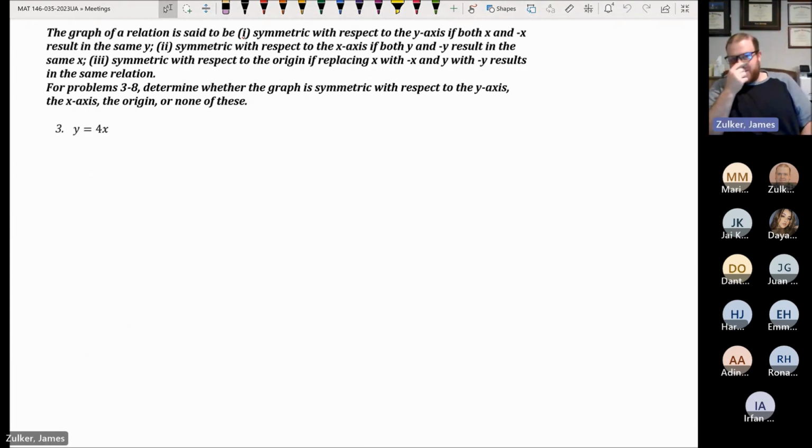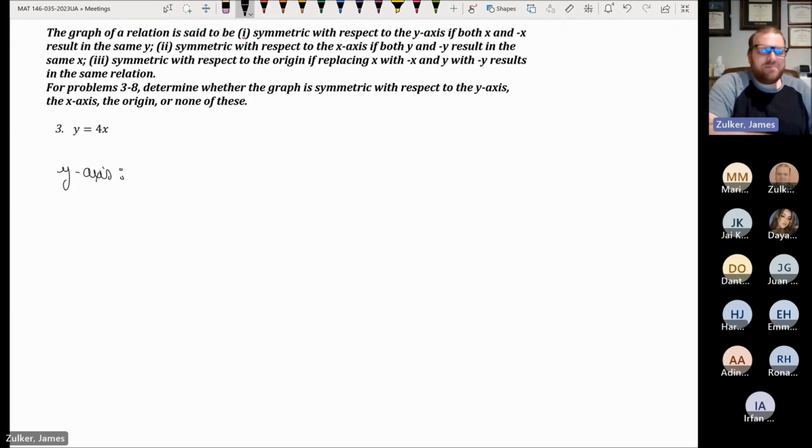Right? y equals 4x. Let's test the y-axis.